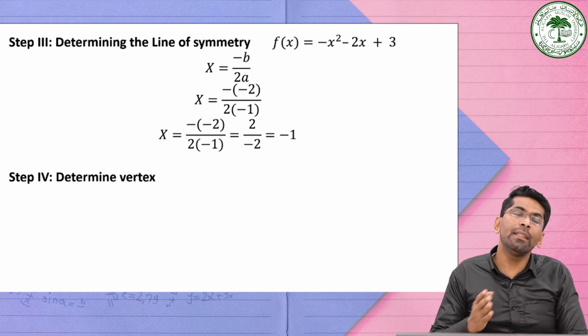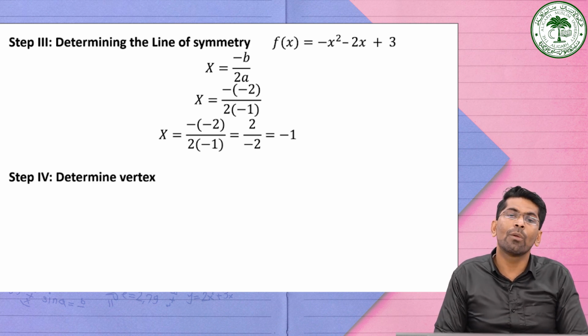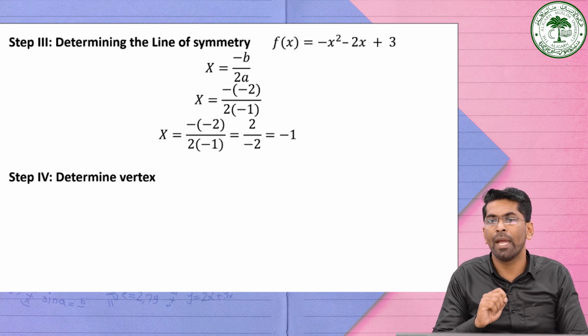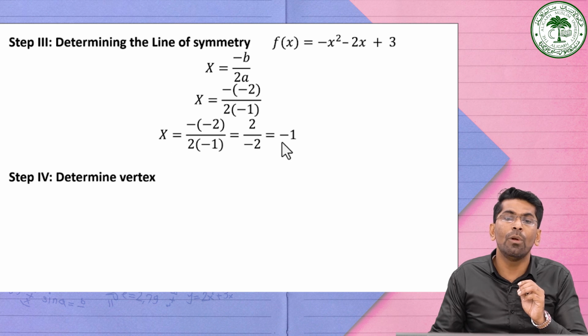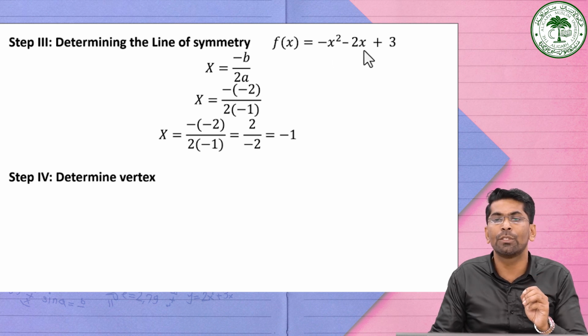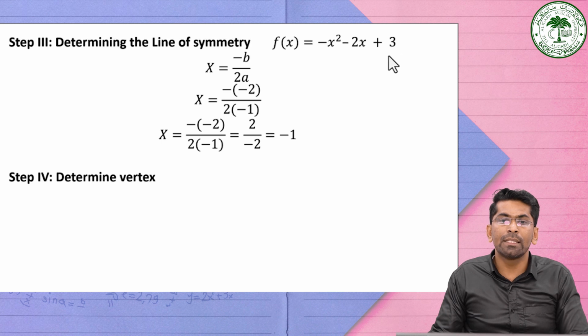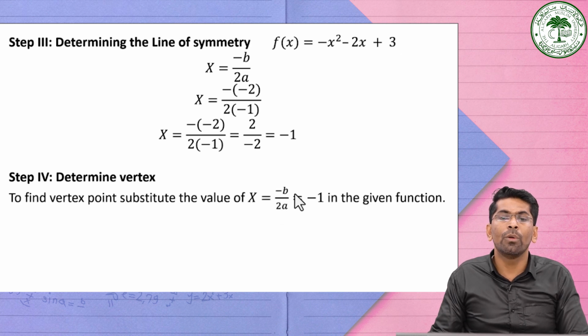Then after finding the line of symmetry, we want to determine the vertex point, because the vertex will happen at the line of symmetry. So we find the vertex point by substituting the value of x is equal to minus 1 in the given equation. Our given function is minus x square minus 2x plus 3. Here we are substituting x is equal to minus b divided by 2a, which is equal to minus 1.